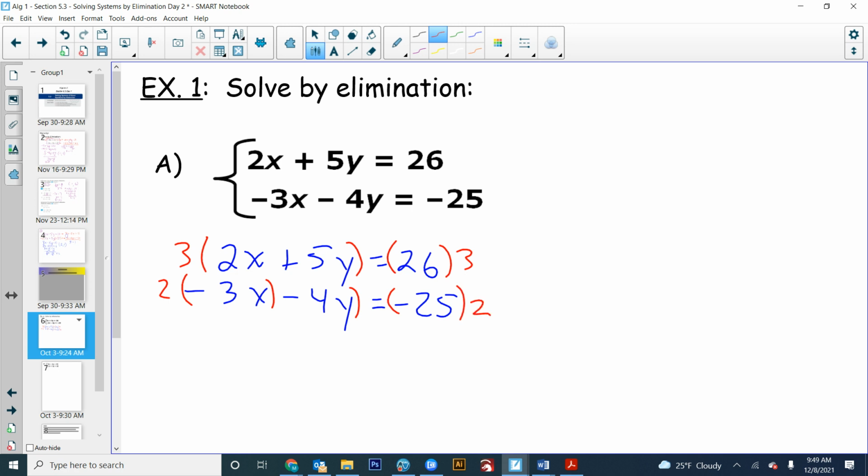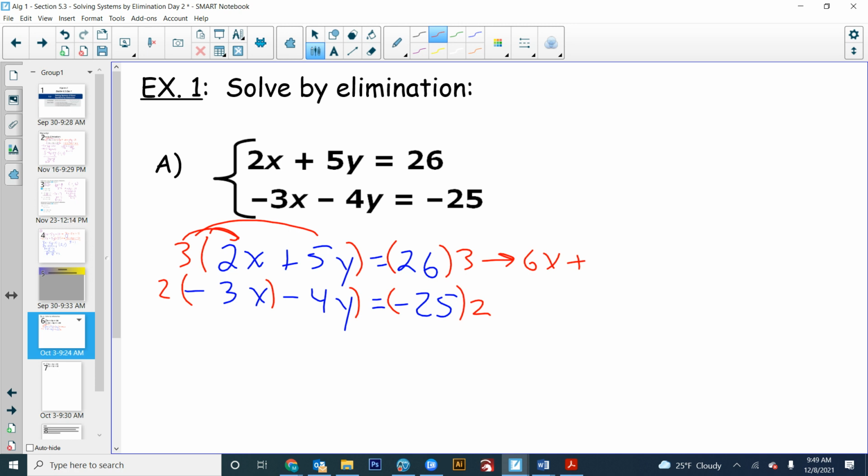Is everybody with me? Just a little more work tonight. Same concept. Let's distribute the 3, guys. What's 3 times 2x? I got 6x. What's 3 times positive 5y?